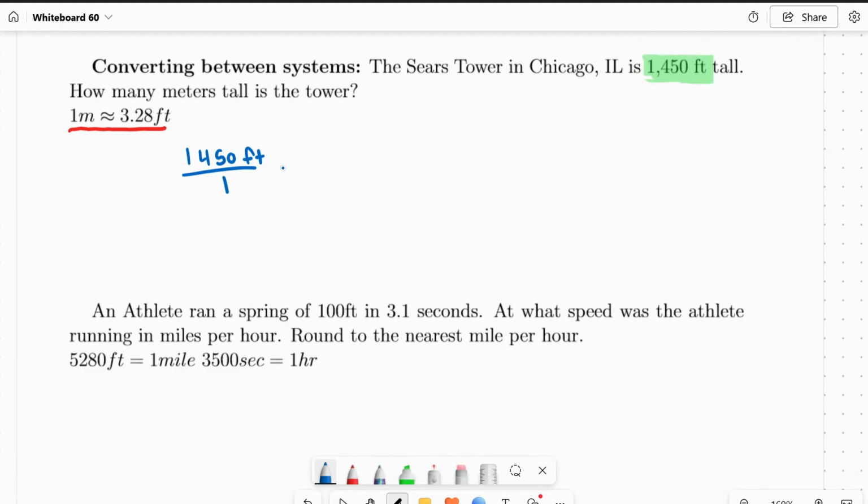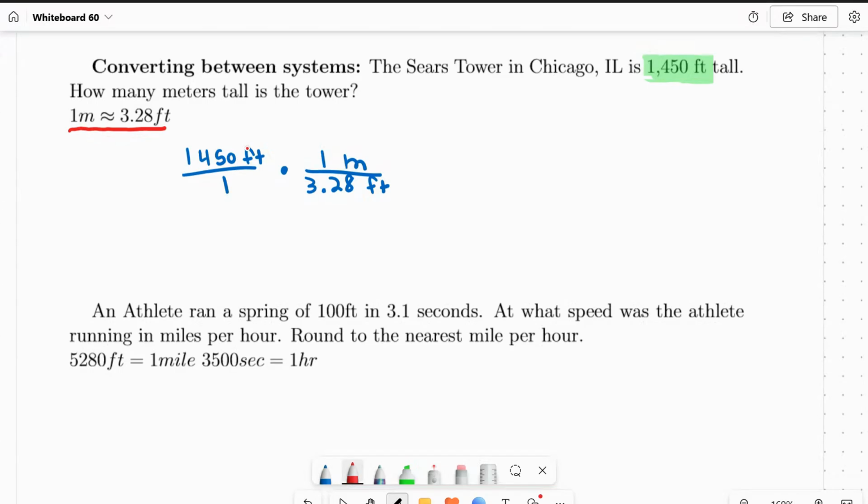Now we're going to use our unit conversion to convert our feet to meters. Like I said below, whatever value you want to cancel out, you need to put diagonally. So we are going to put 3.28 feet in our denominator, and we'll put 1 meter in our numerator.